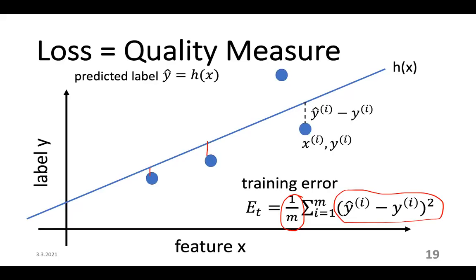So this means an error. The 0-1 loss also goes under the name of accuracy. If you average the 0-1 loss over a training set, then you get the fraction of misclassified data points. So it's not accuracy, it's 1 minus accuracy, to be precise.